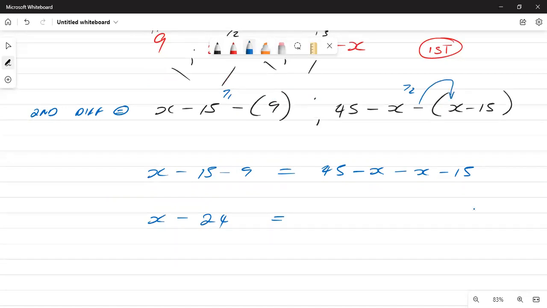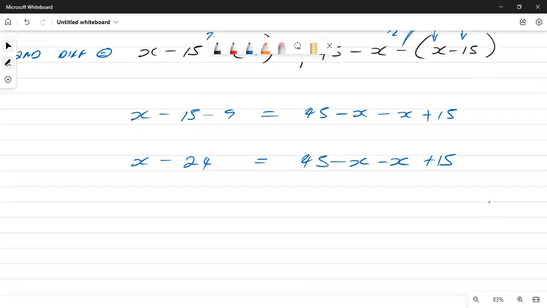So we're going to distribute that, meaning that our 15 would then change to a positive. This then means that you're going to end up with 45 minus x plus 15.